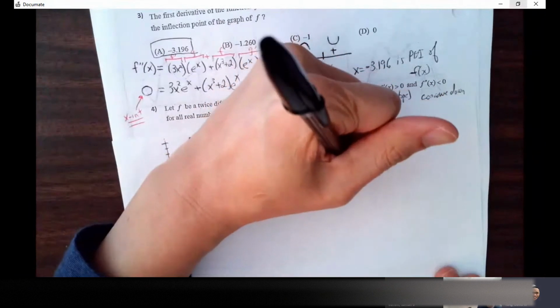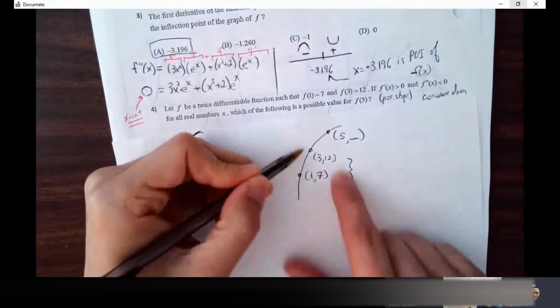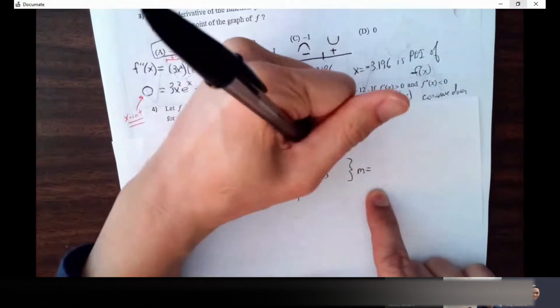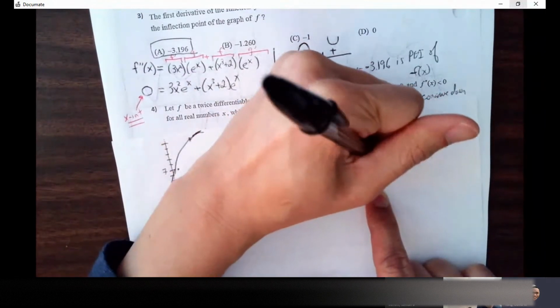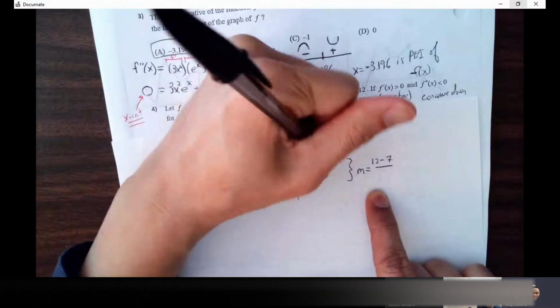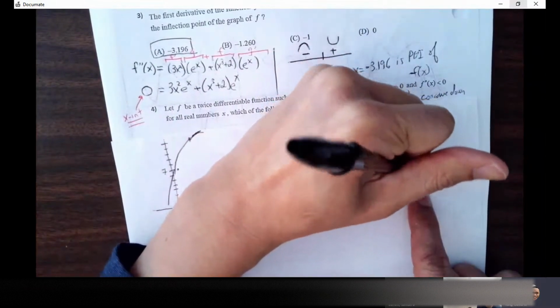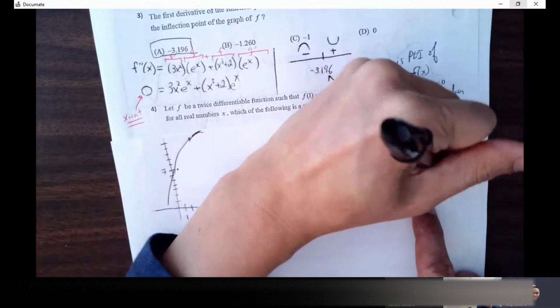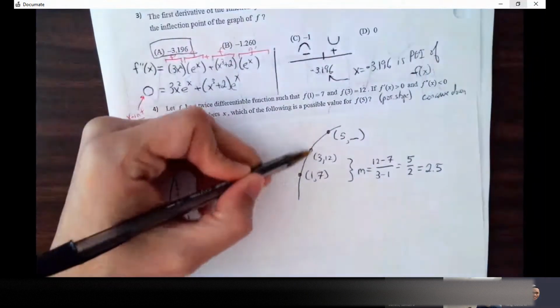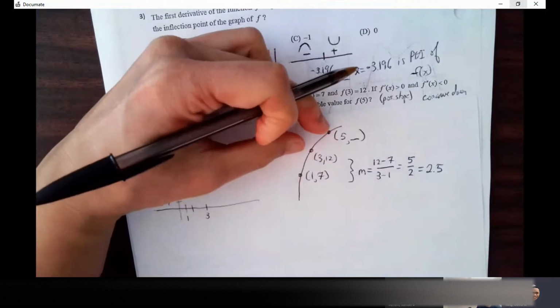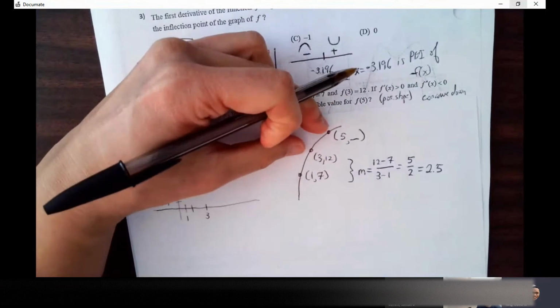So let's figure out what the slope is between these 2 endpoints, right? It should be positive slope. The slope here is 12 minus 7, change in y, over the change in x. So I get 5 over 2, which is 2.5. So if the slope between these 2 points is 2.5, then the slope between the next 2 points has to be less than 2.5, right?